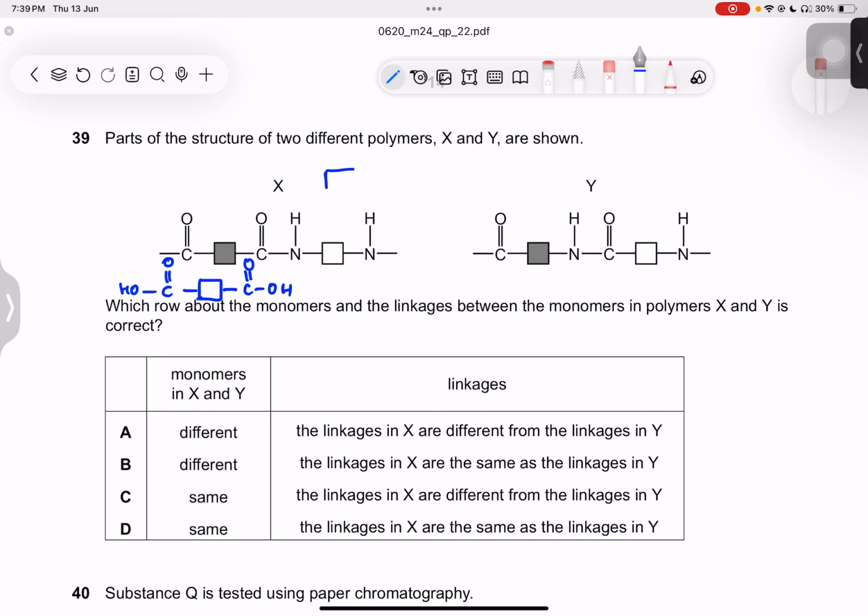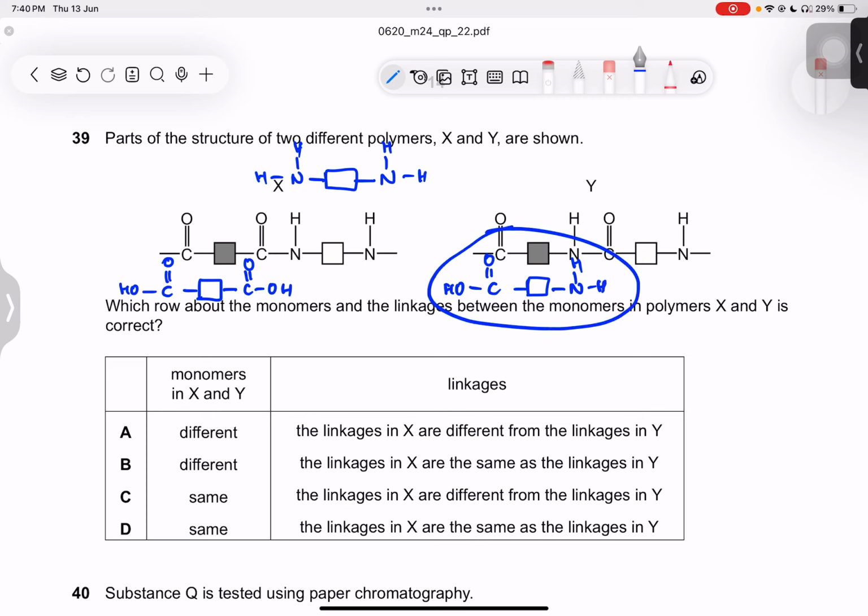Another monomer of diamine, on both sides, amine group. As for this, we have the carbon chain, the acid group on one side, and the nitrogen, the amine group on the other side. So this is something different.